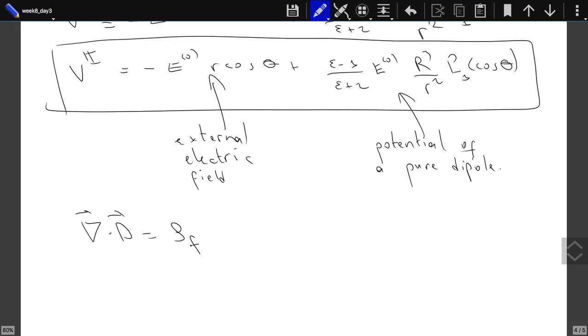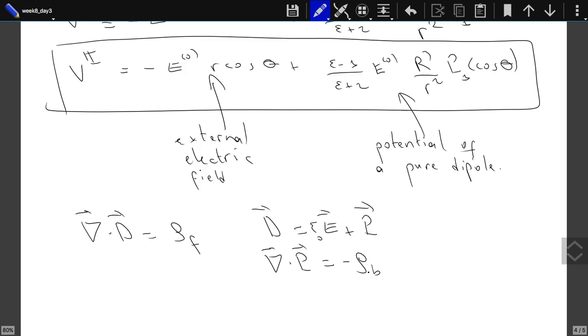the effect of bound charges is hidden in the displacement field. Because you remember, the displacement field is epsilon 0 E plus P. And divergence of P is equal to minus the bound charge density.